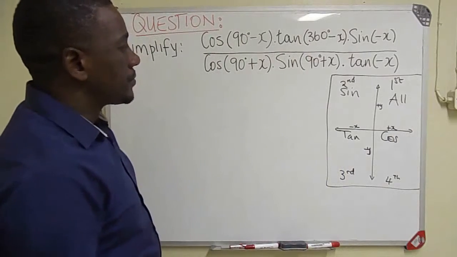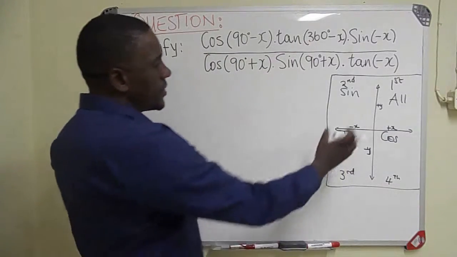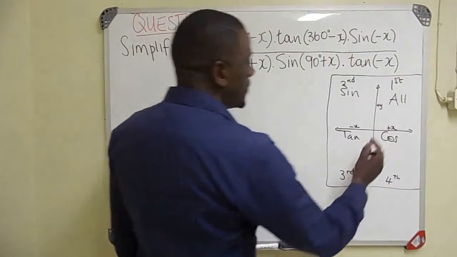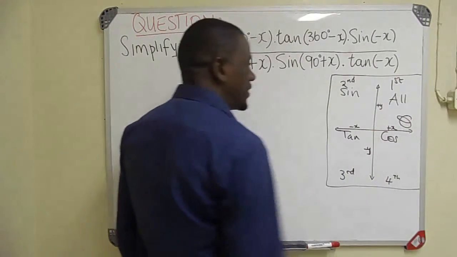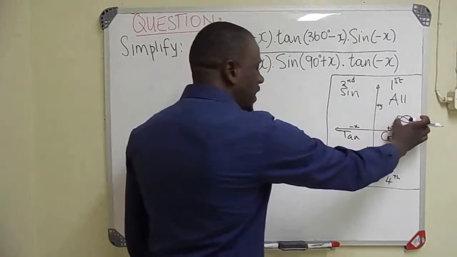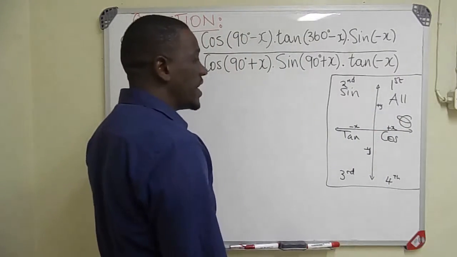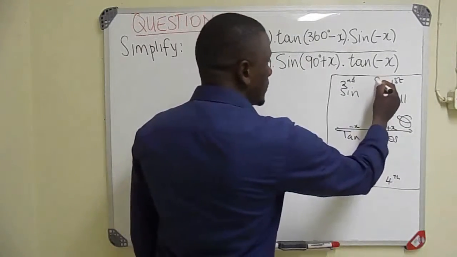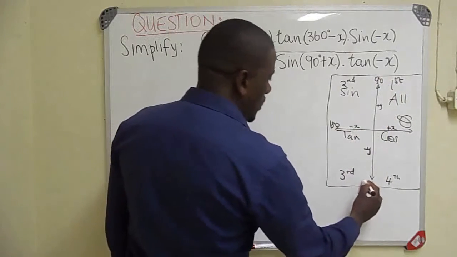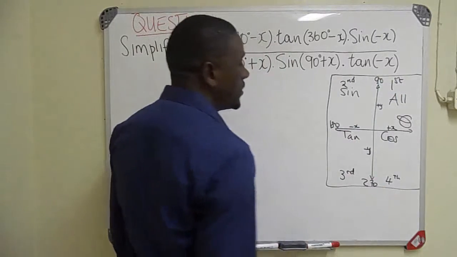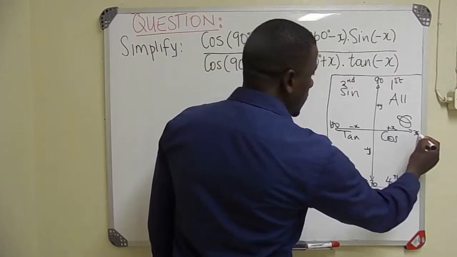So now, when you are dealing with angles, in the first quadrant, there is our angle theta. This theta is known as a reference angle. It's acute. This is 90, this is 180, this is 270 degrees, and this is 360.